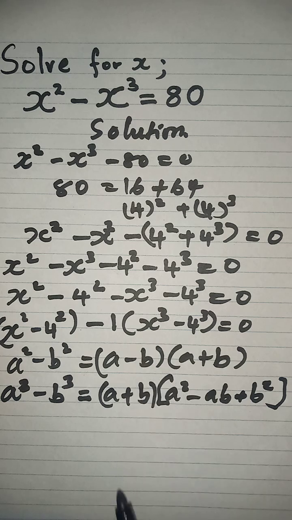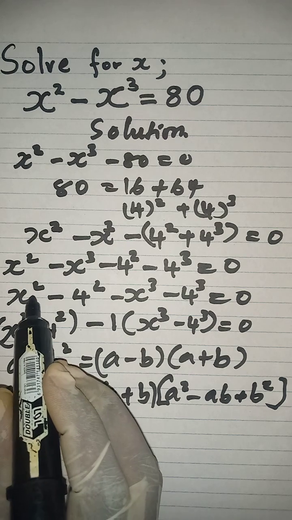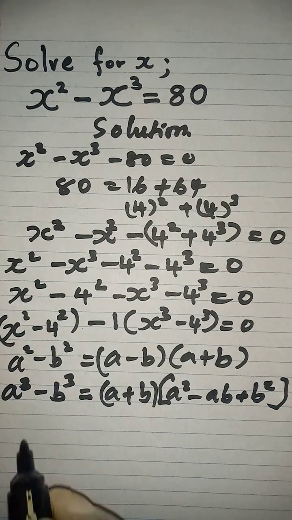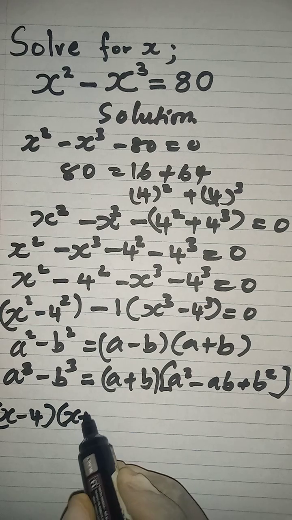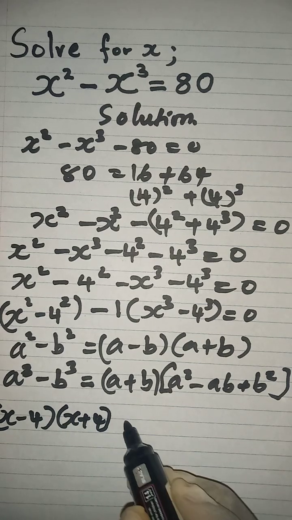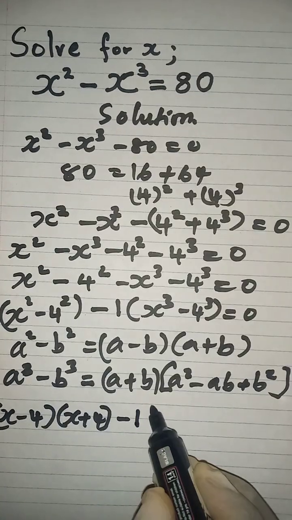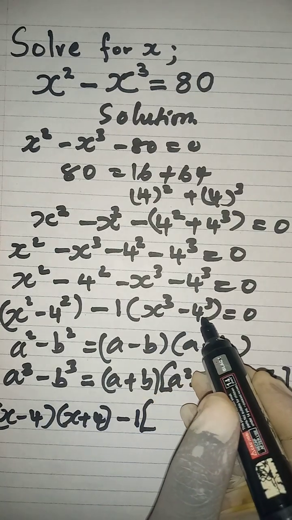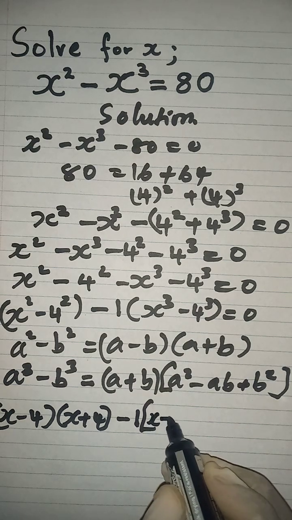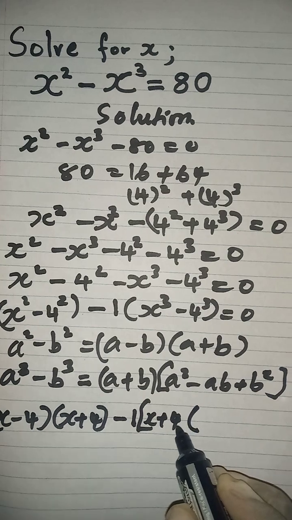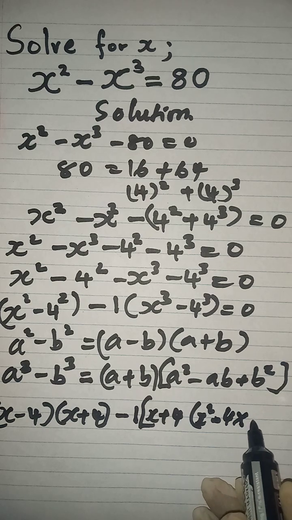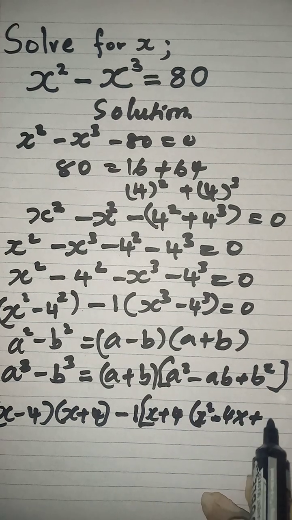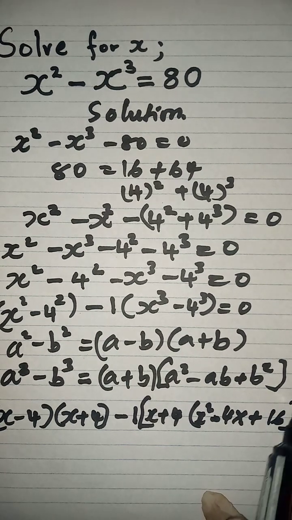Of course, I'm going to write my equation in this form, so that wherever I have x squared minus 4 squared, I write it as x minus 4 times x plus 4, then minus, remember I factored out 1, where there is x cubed minus 4 cubed, I'm going to write it as x minus 4, another bracket, x squared plus 4x plus, of course, when you square 4 you get 16, is equal to 0.